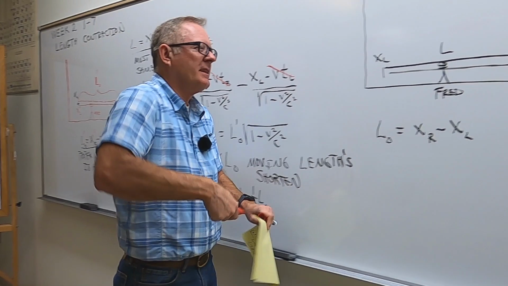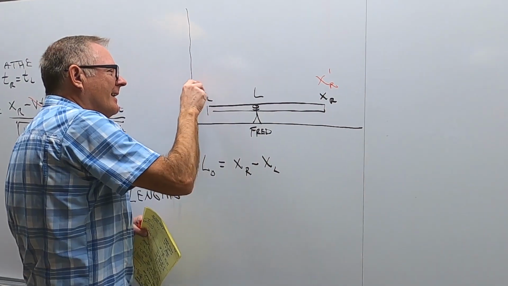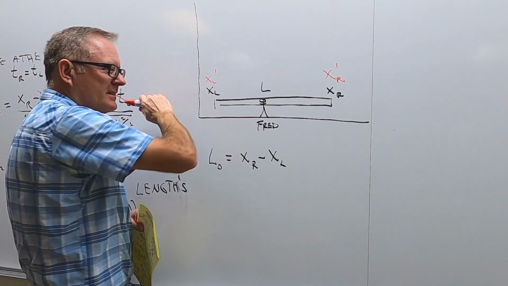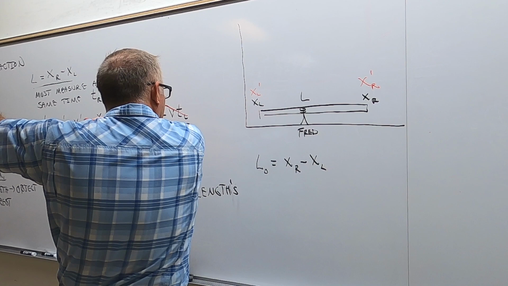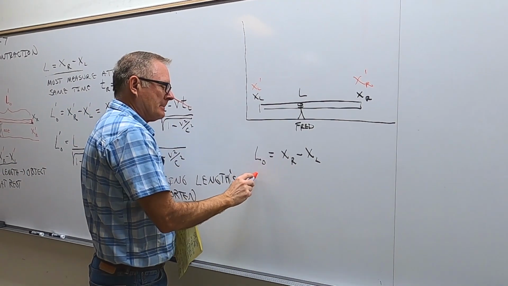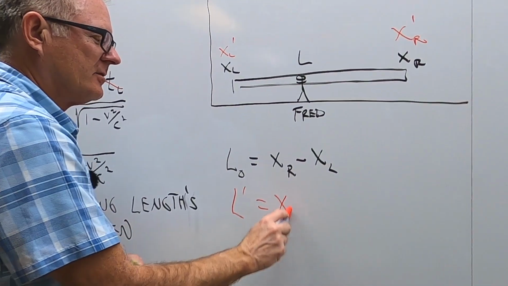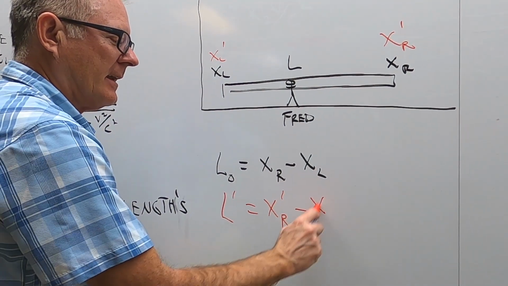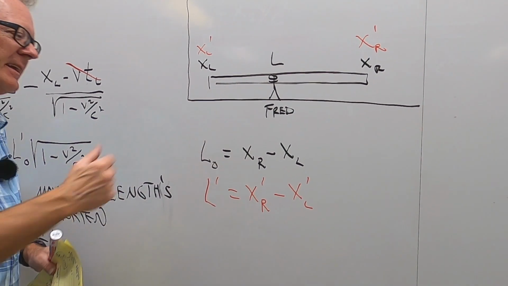Mary, or Mo, on the other hand, is going to measure an x sub r prime and an x sub l prime, because this thing is moving relative to Mary. This thing's heading off that way. And so they'll measure L prime, which is x sub r prime minus x sub l prime. Again, Fred has the proper length.